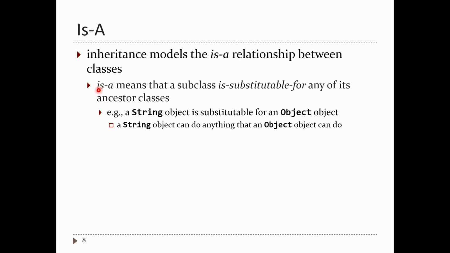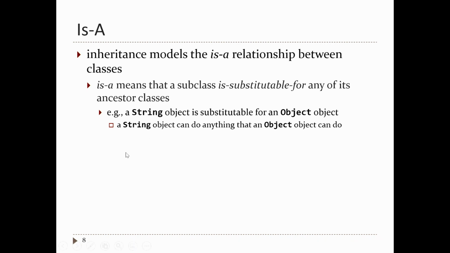Now when we say is-a, we actually mean something very specific in object-oriented programming. Is-a is short for "is substitutable for any of its ancestor classes." What does that mean? A String object is substitutable for a BigO object.